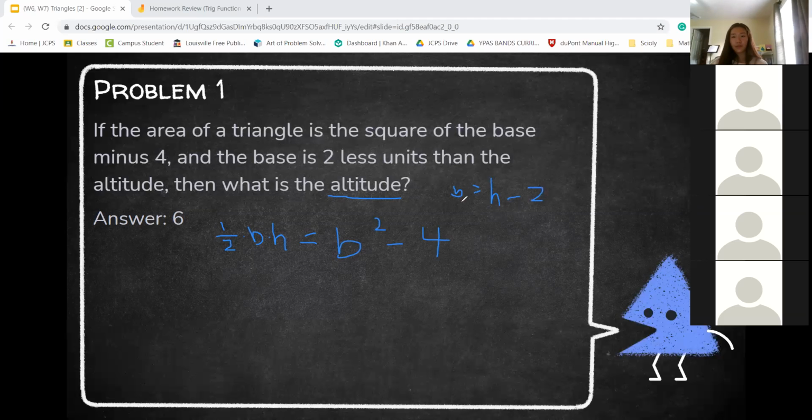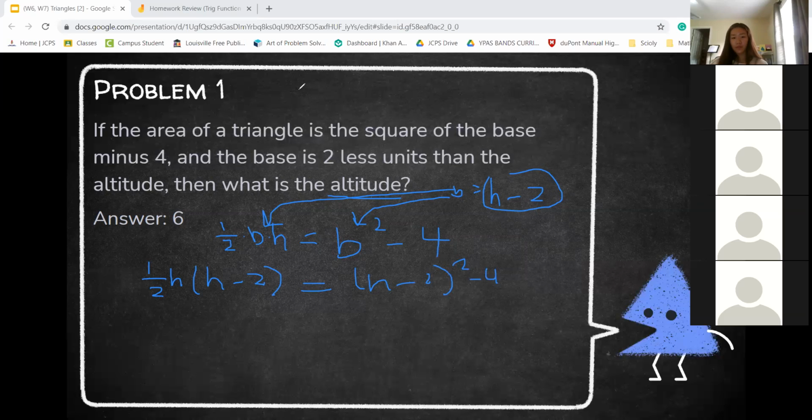So now I'm going to substitute this into the b's here and here. So that gives me 1/2 h times h minus 2 equals h minus 2 squared minus 4.